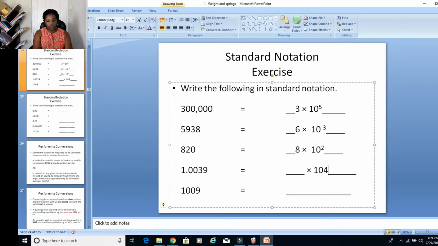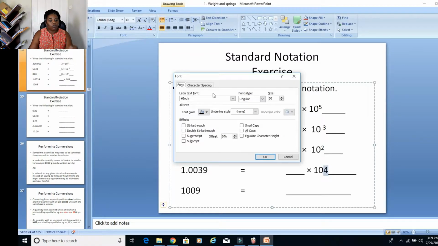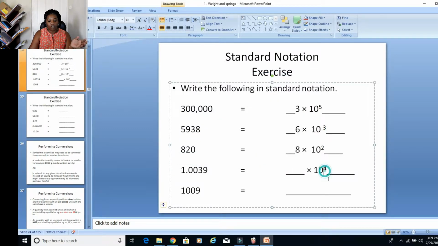We know our exponent is positive because it moved to the left, and it moved 4 spaces. And we know this is going to stay as 1 because the number to the right of the decimal place is below 5. Okay? So therefore our number will be 1.